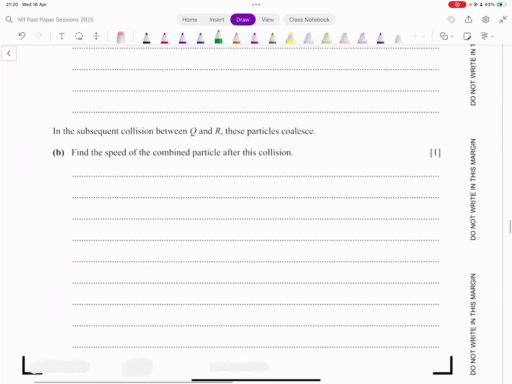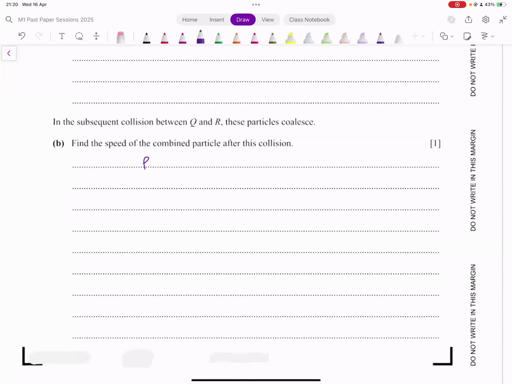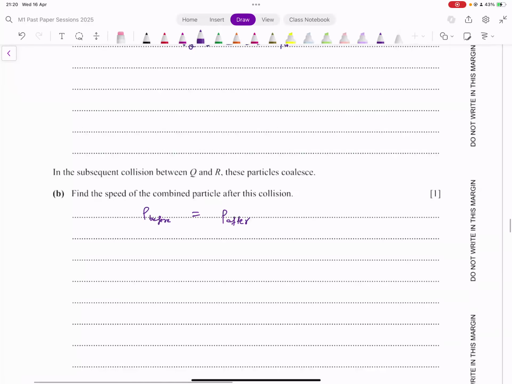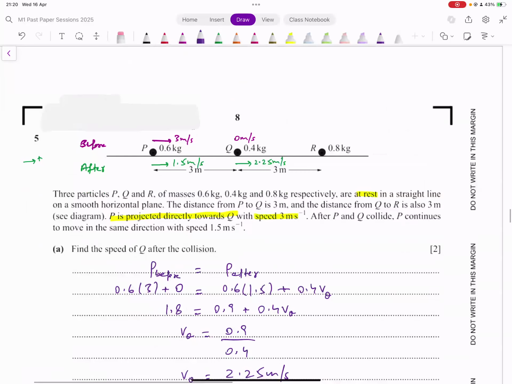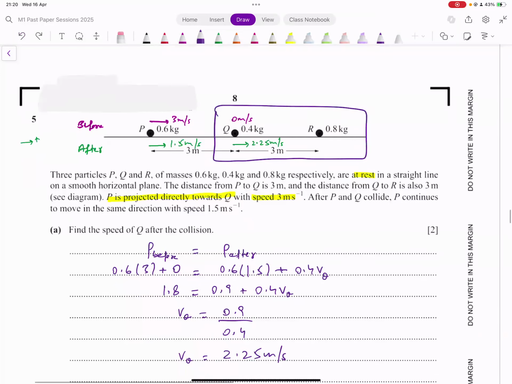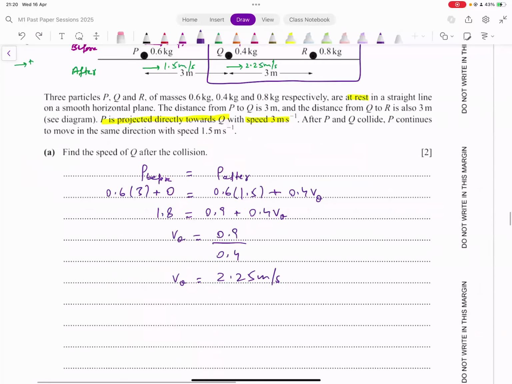Okay, so again, momentum before collision should equal momentum after collision. Now we're focusing on the second collision, so just focus on Q and R now. Momentum before collision for Q, it's 2.25 into 0.4, right? It's after the first collision has already occurred.